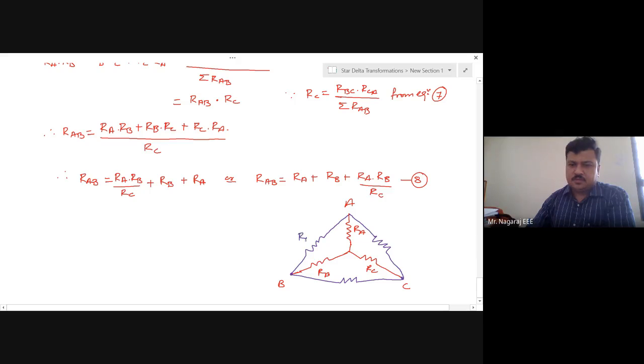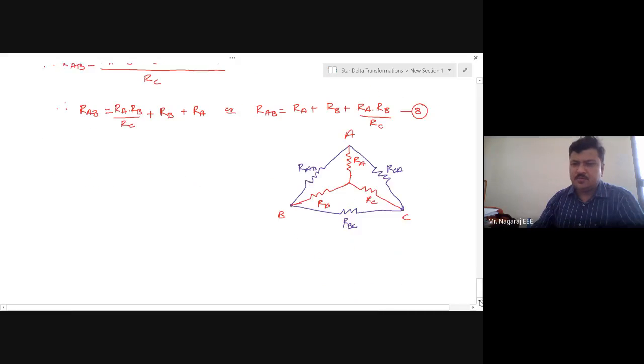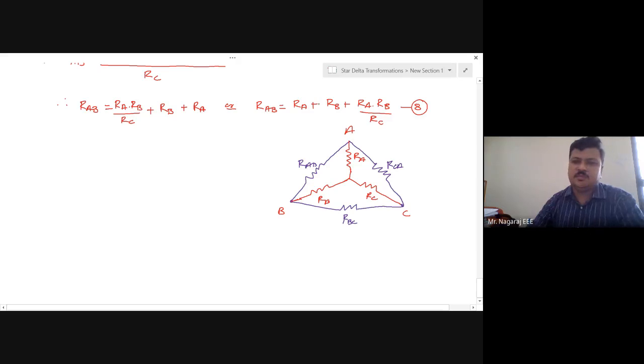Now this is RAB. Now I am coming from star to delta. In the earlier point, we came from delta to star. RBC and RC. Now RAB, if you observe from this network, is nothing but RA plus RB plus RA into RB divided by RC.